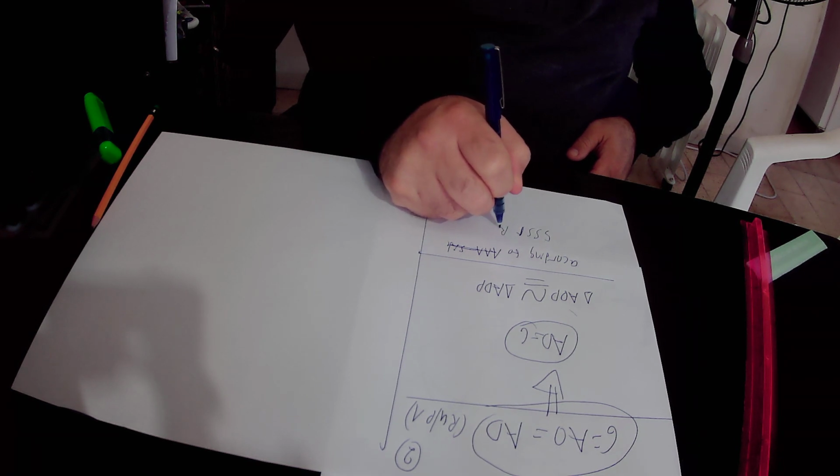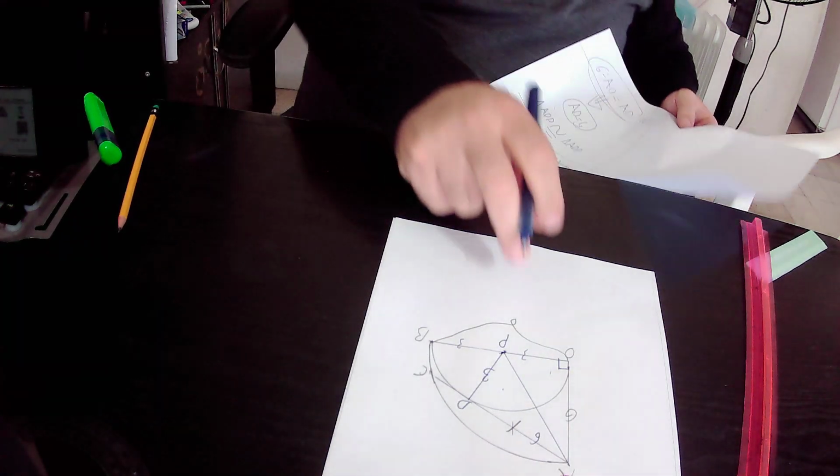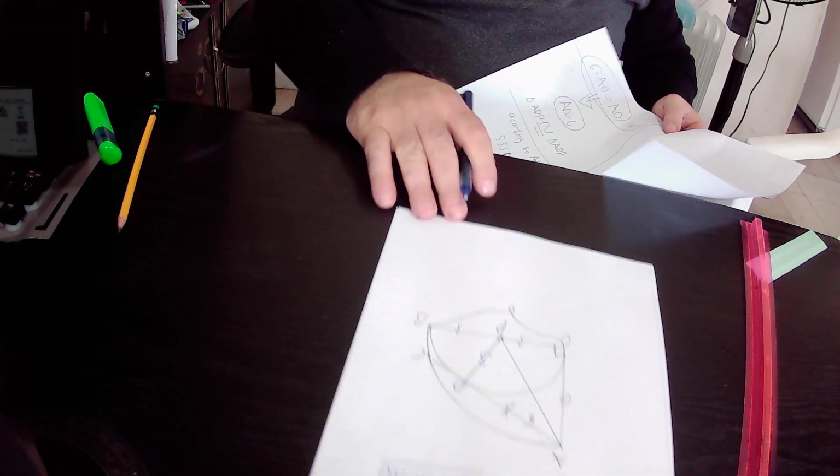Side rule. Okay, I repeat again. Those two triangles are congruent according to the side rule.